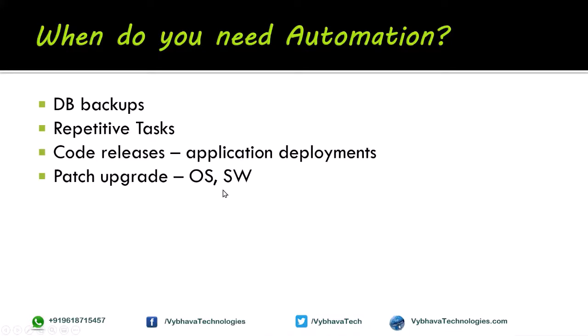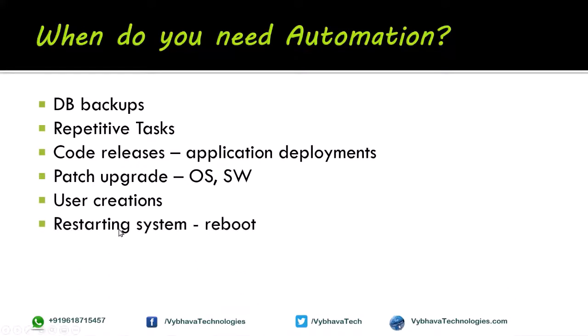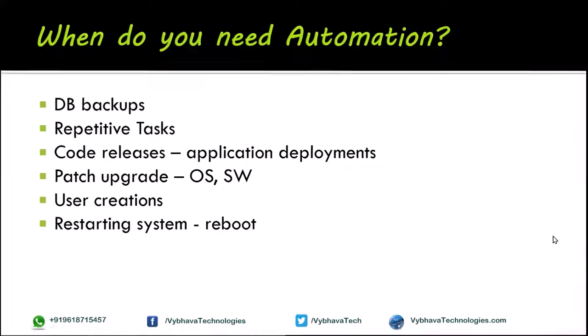Linux is going to have patches, or Windows is going to have patches. These software patches can be automated using Ansible. User creation: sometimes one batch of users joins the team, and then this will help immediately. And restarting or rebooting the systems is one of the key capabilities required, and that will be automated from Ansible.